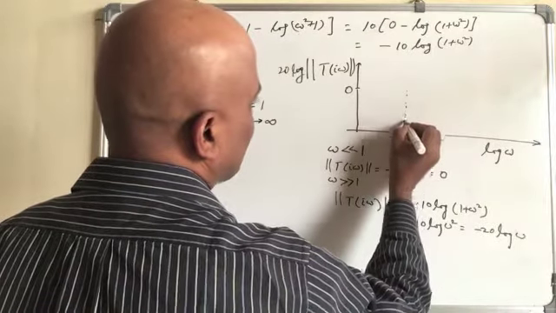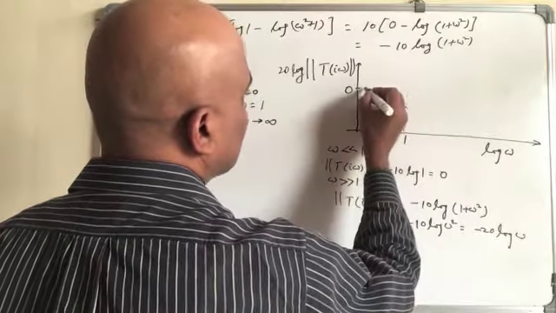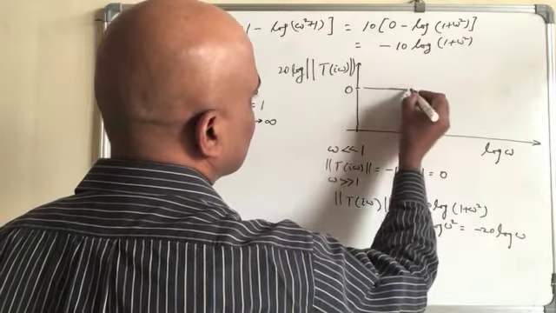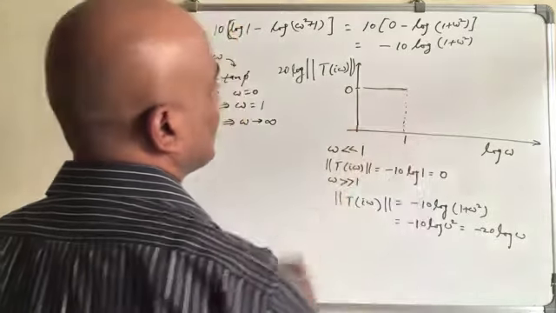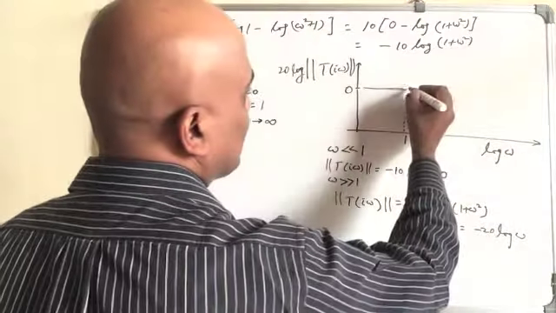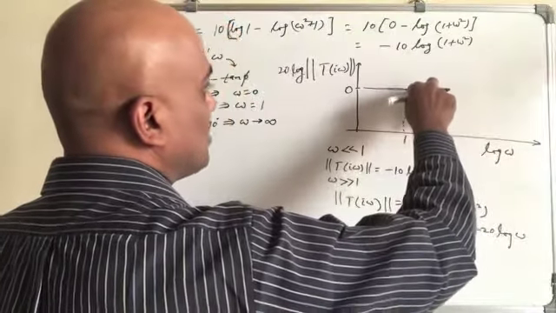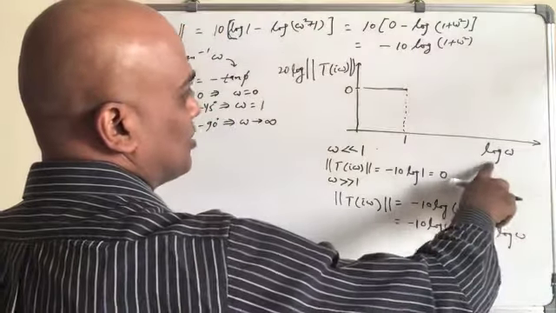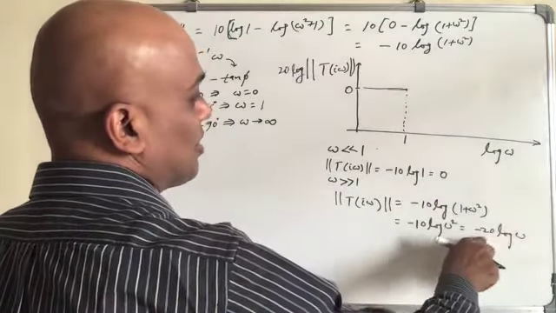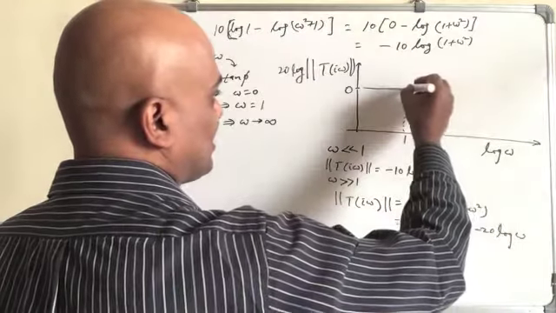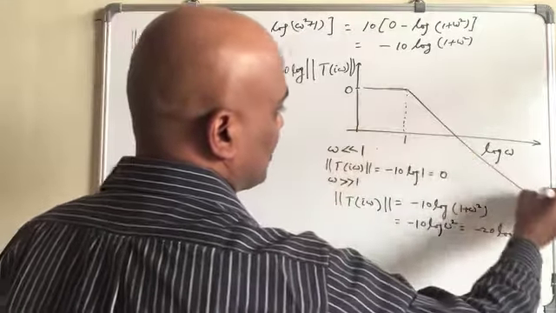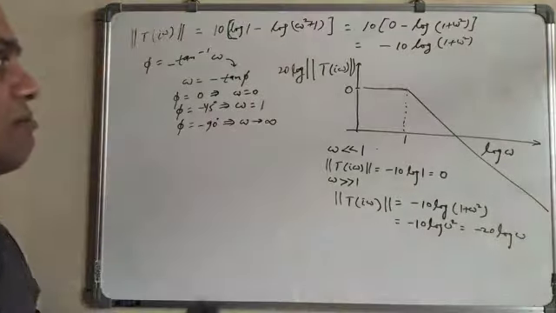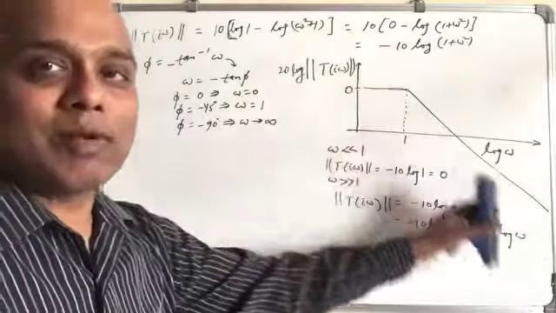You can say before 1, this will follow something like this. And after that, this will become a straight line. That's what it tells you, right? It is going to be a straight line with some slope of minus 20, right? So after that, this goes something like this. So this is how it will look.